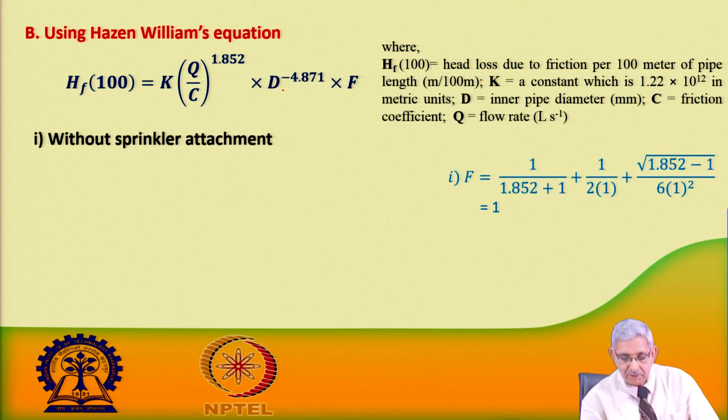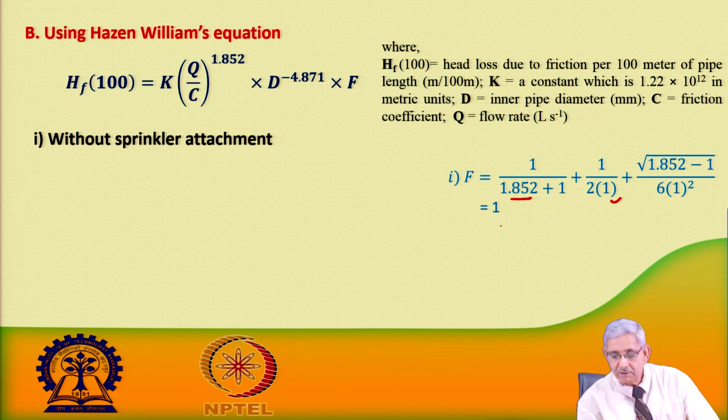Same thing when we are calculating the reduction factor using the Hazen-Williams equation, here m is 1.85 plus 1 divided by 2 N, N is 1 because without sprinkler attachment, and simply we are putting this.